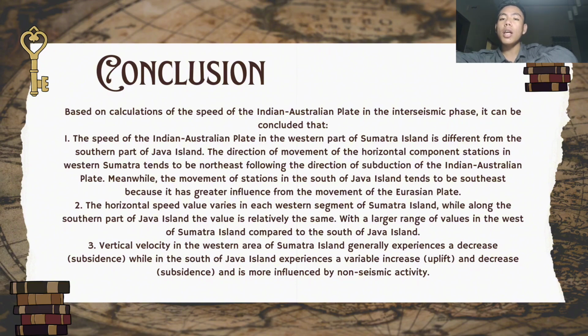Next, number 2, the horizontal speed follows the pattern in each western segment of Sumatra Island, while along the southern part of Java Island, the pattern is relatively the same, with a larger range in the west of Sumatra Island compared to the south of Java Island.